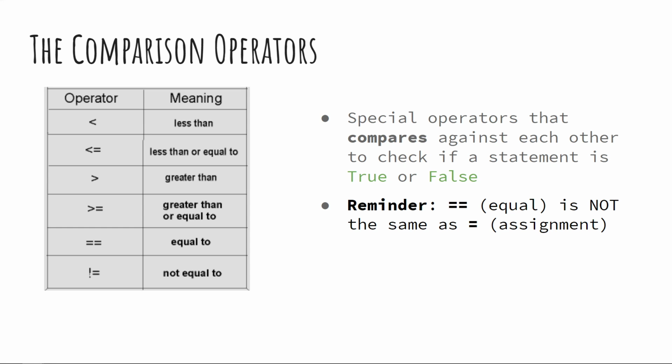So if you just have the one equal sign, that's not checking to see if those are equal, it's setting the left side to be equal to the right side. And the last one we have is not equal to, and that uses an exclamation point followed by the equal sign. And that is pretty much just for some historical reasons where we ran out of symbols on the keyboard.